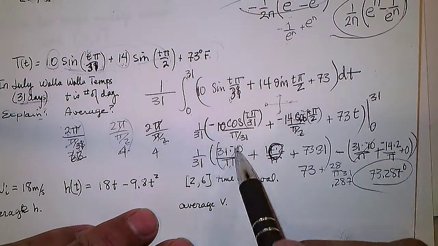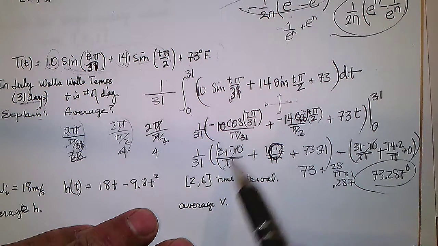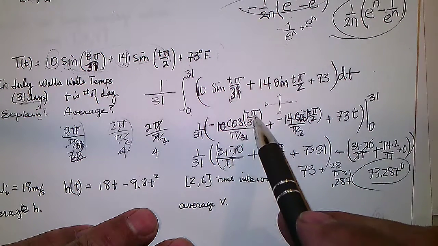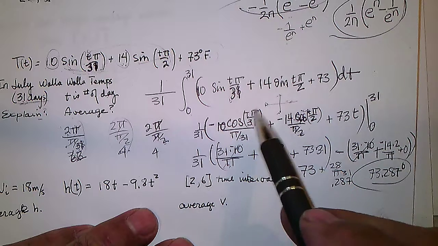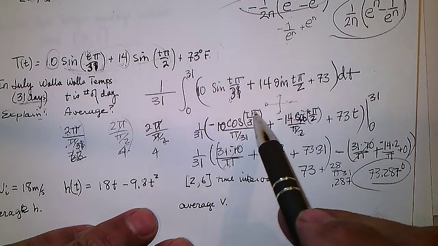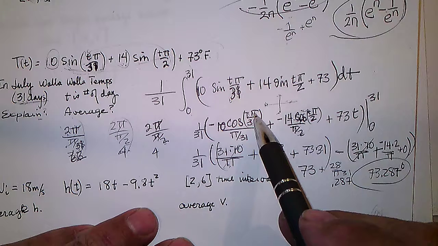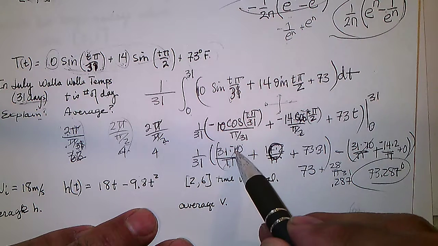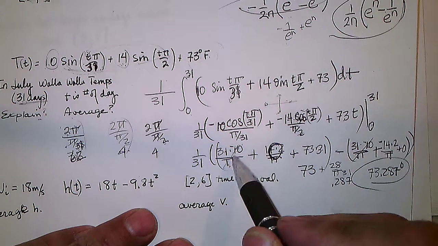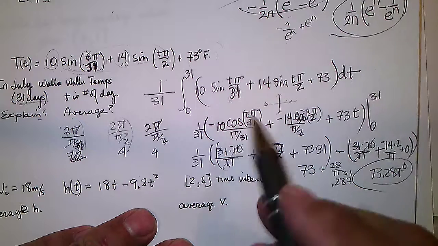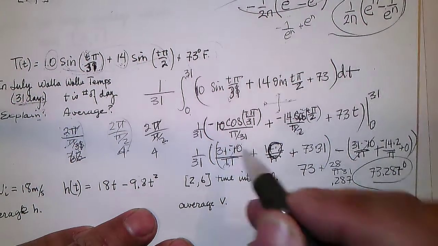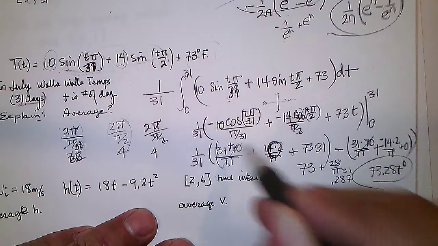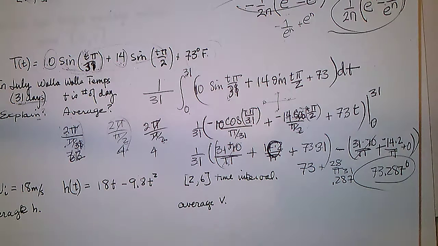So that's 31 times negative 10 over pi. When we put 31 in here, we get pi. Cosine of pi is negative 1. Negative 1 times negative 10 is plus 10. Okay, maybe that's the issue.